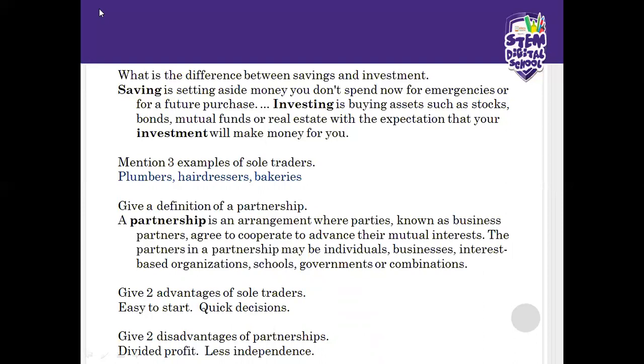And investment or investing, you need to say this is when you invest money by buying assets like vehicles, or when you're going to buy a house, for instance, then you can give yourself another mark. So what is the difference between savings and investment? 1 mark for savings, 1 mark for investment. Savings is when you put money aside for future use. Investment is when you invest, for example, in an asset like a vehicle.